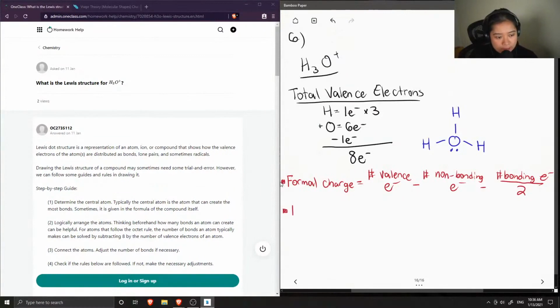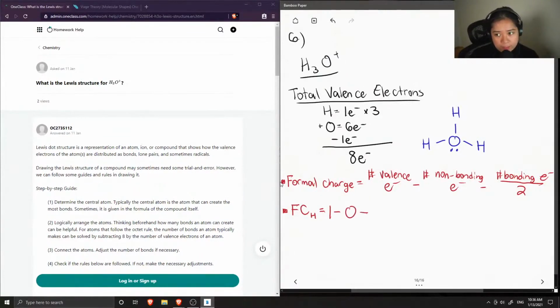So now let's calculate the formal charge of one of the hydrogens. Okay, so all the hydrogens are the same. They have a valence electron count equal to 1. There are no lone pairs on any of the hydrogens, so the number of non-bonding electrons is 0.